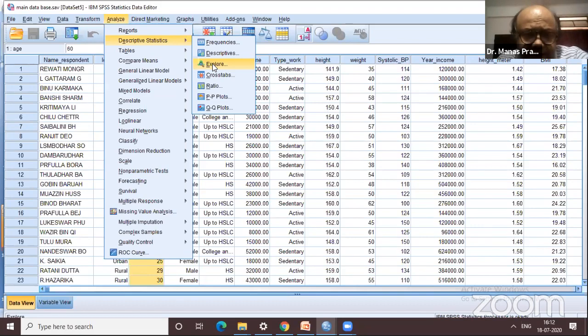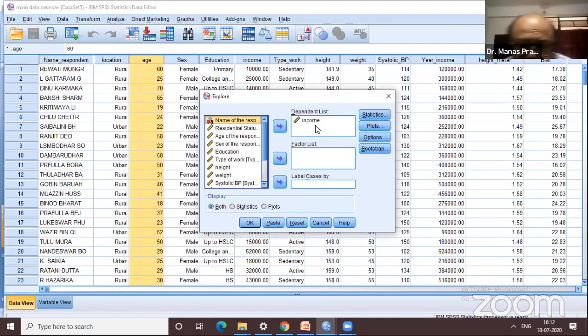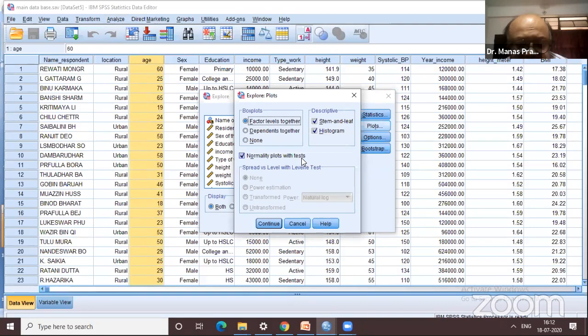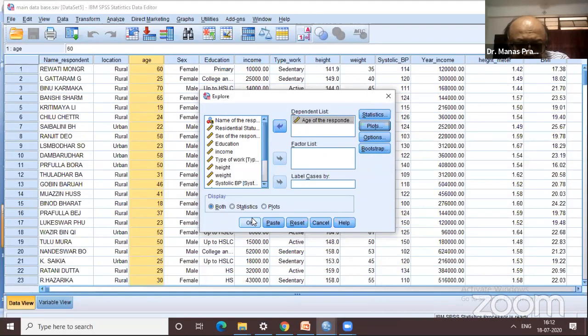The same process. Then select age here. Plots we have already selected, so normality plot with tests. It will do this test also. If I select this one, then it will do the plotting and testing both. So click Continue. Click OK.